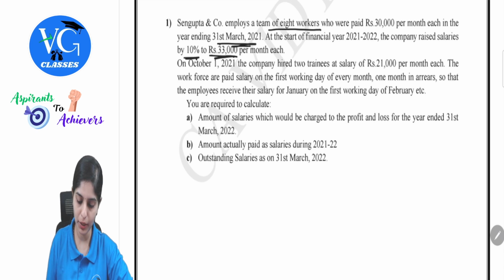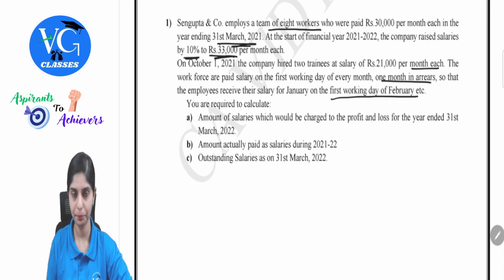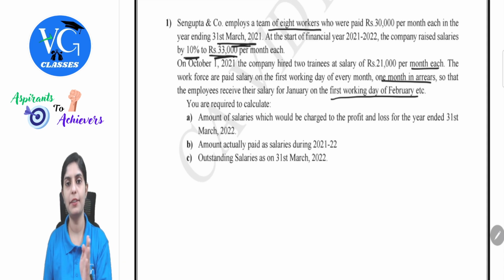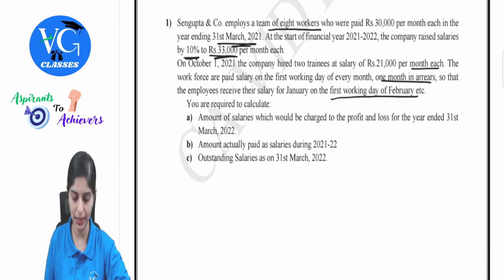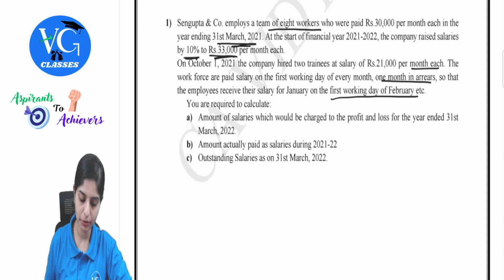On 1st October 21, the company hired 2 trainees at a salary of 21,000 per month each. The workforce are paid salary on the first working day of every month, 1 month in arrears, so that the employees receive their salary for Jan on the first working day of Feb. That means first they will make sure the service is delivered, and then on the first of the subsequent month the salary will be paid. Now, what is the requirement of the question?